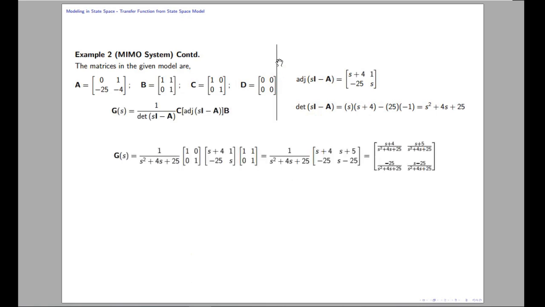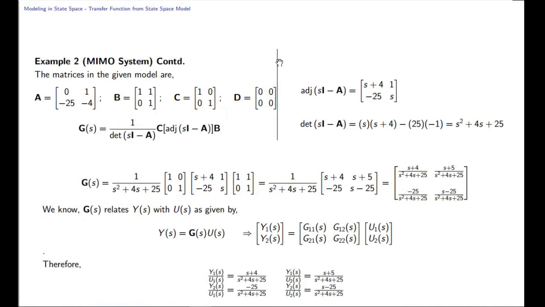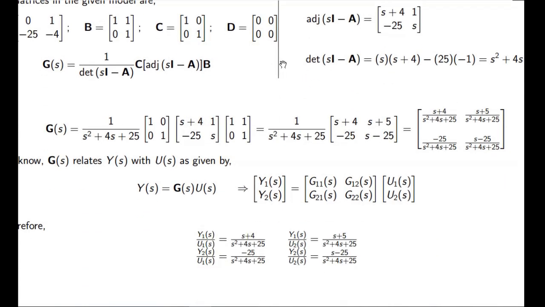So for a two state variable system, we got a transfer function with second order characteristic polynomial, or all these transfer functions are second order transfer functions.